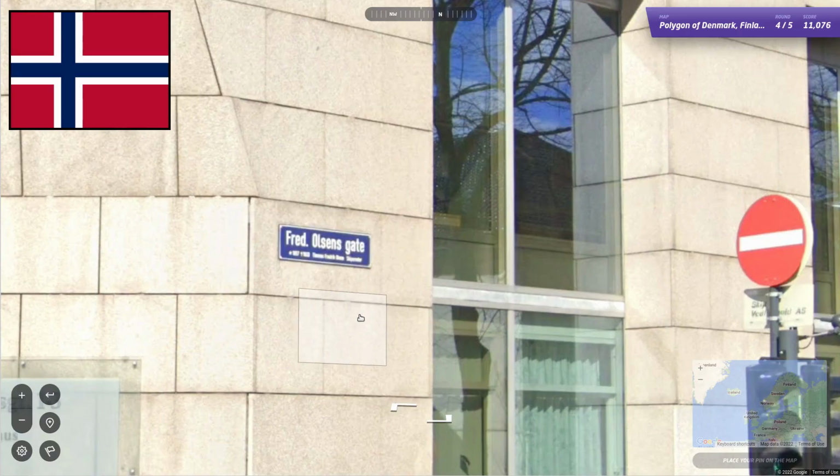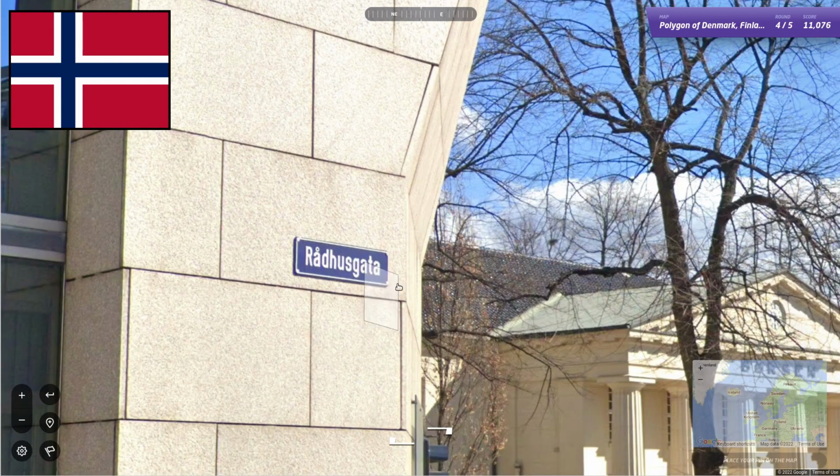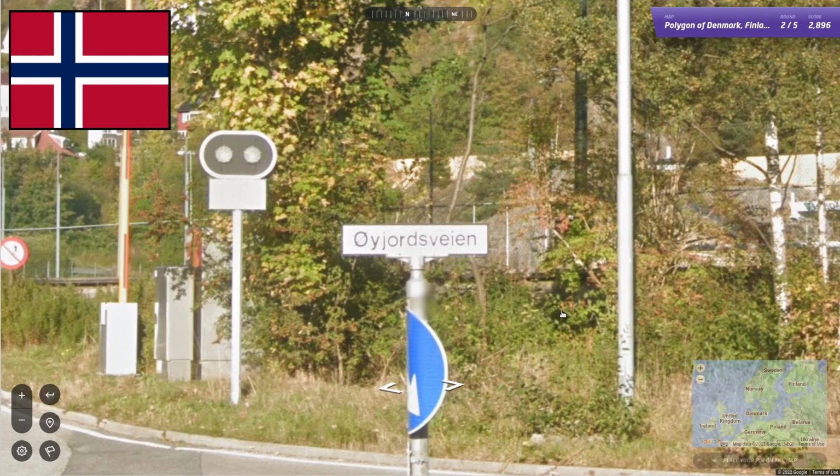Fred Olsens gate. Gate with T is Norwegian. It's not gata, it's gate. Rådhusgata, it can also be gata. And this is Norwegian. Veien with an I is Norwegian.